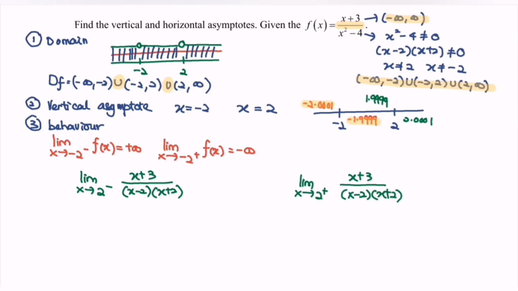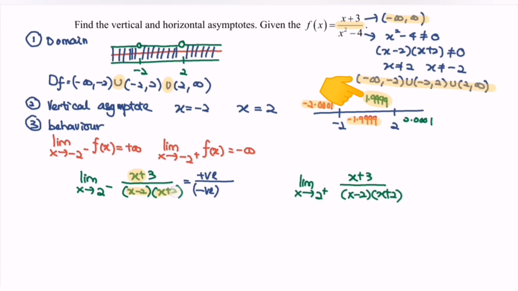Now let's refer to the left hand side. We have 1.9999. If we substitute, for sure we will obtain a positive value over... What about this part, 1.9999 minus 2? Very obvious, it is a negative value.